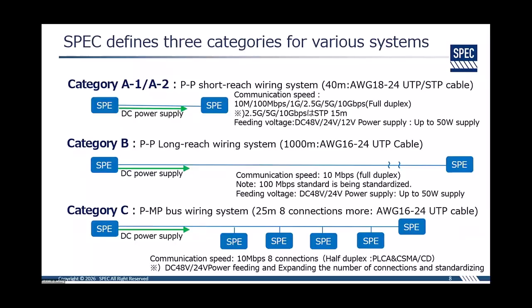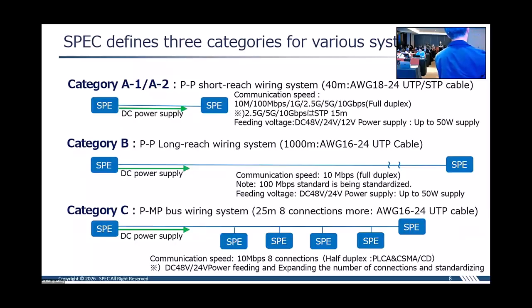Very old Ethernet, they were using 10BASE5, for instance. It's almost 40 years ago. The original Ethernet was a bus style topology. So this kind of topology is also supported by SPE.